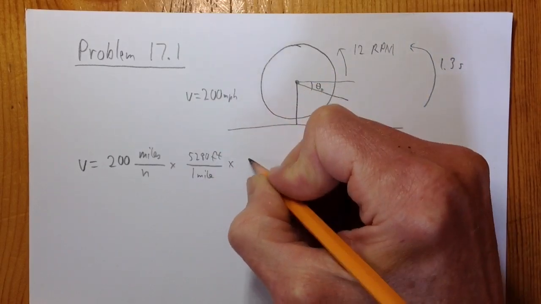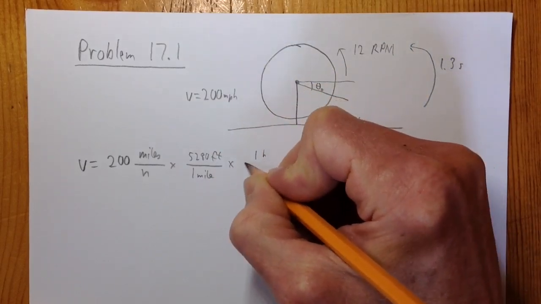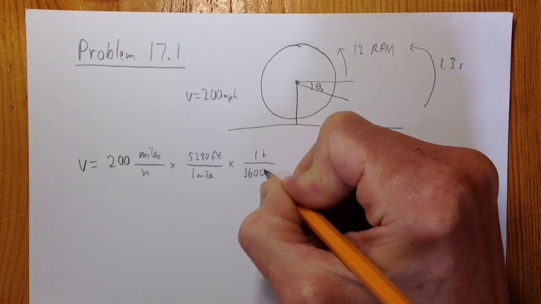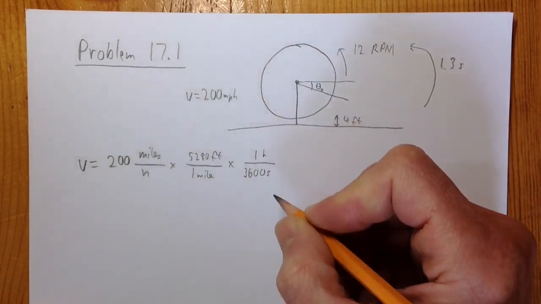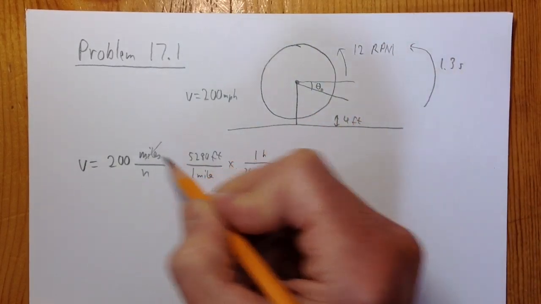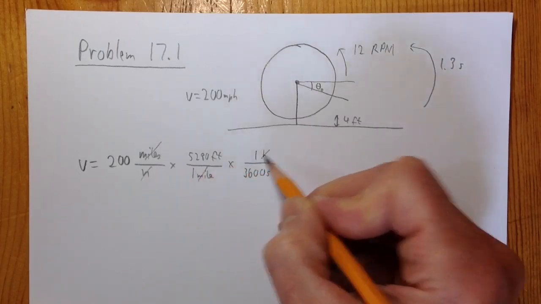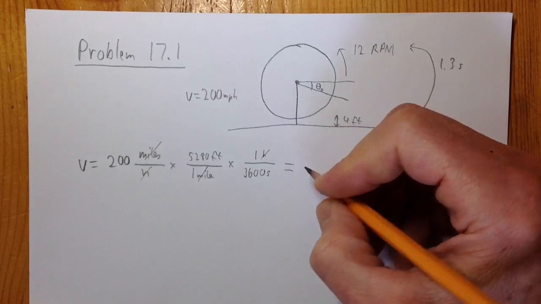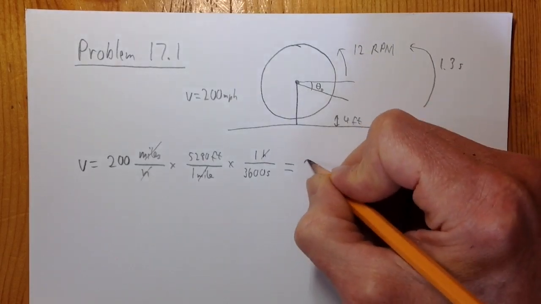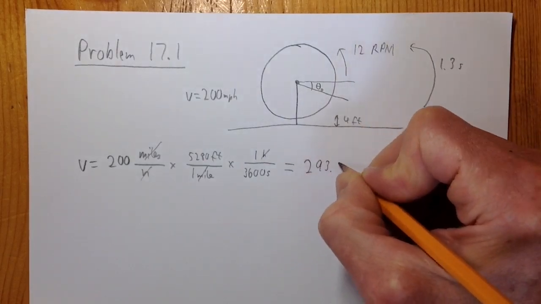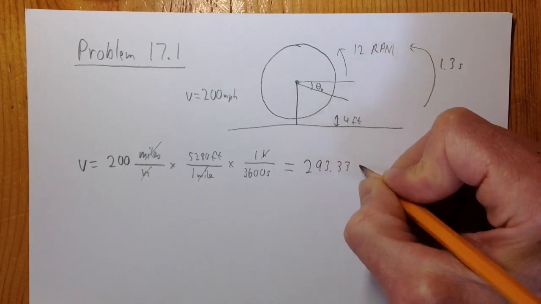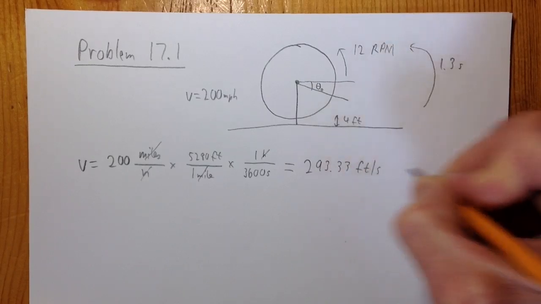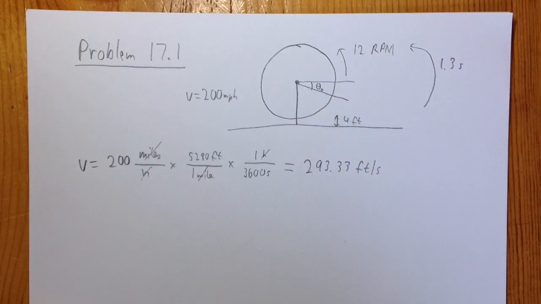And we know that an hour, put the hour on top, is the same as 3,600 seconds, 60 times 60. Make sure we did it right. The miles cancel, the hours cancel. We're left with feet per second. Plug that into your calculator and you get 293.33 forever. We'll just keep it like that. That's the speed they want to be going, 293.33 feet per second.